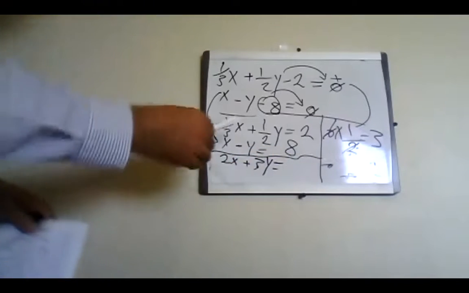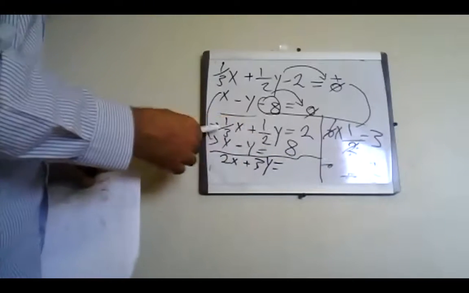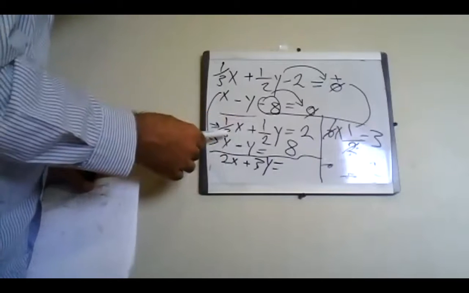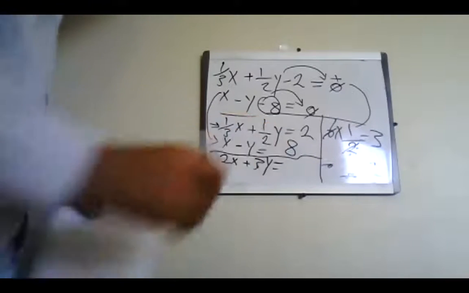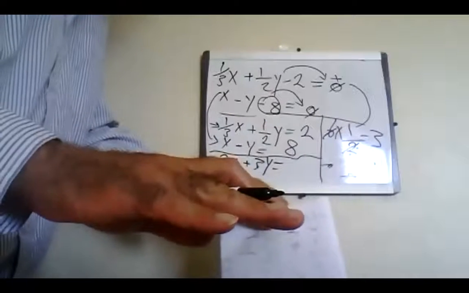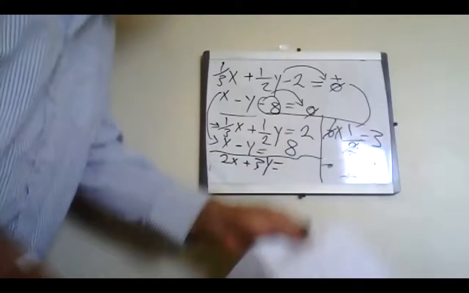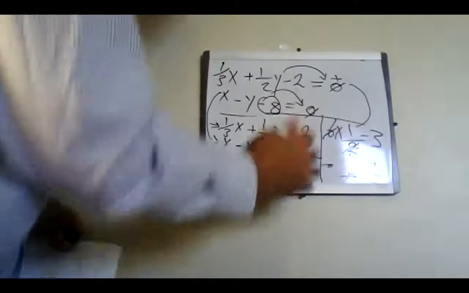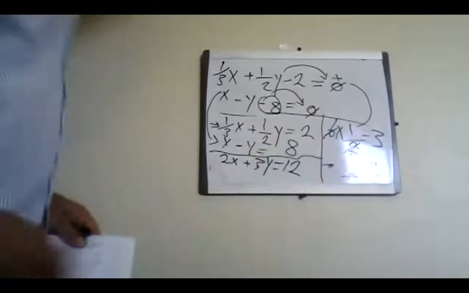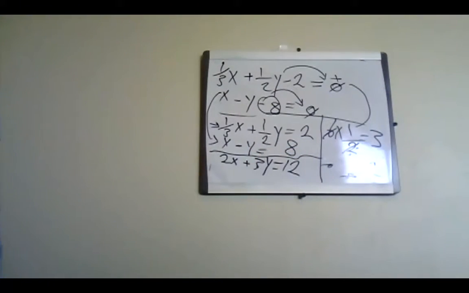It equals, as I multiplied the first part of the equation by 6, I have to multiply the other part too, like a scale. 6 times 2 gives me 12. This is the first equation.